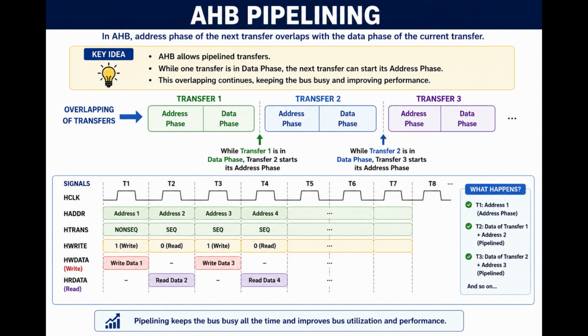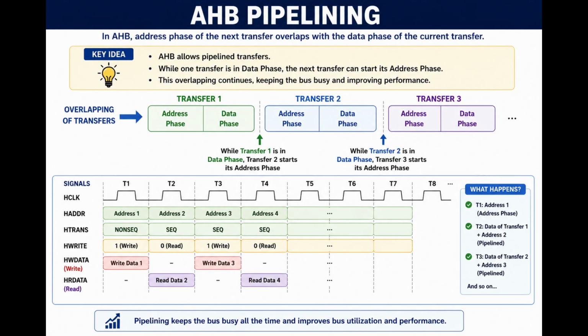Now let's look more closely at AHB pipelining. In a normal transfer, you might think that the system must complete one transfer before starting the next one, but AHB works differently. While the data phase of the current transfer is taking place, the master can already send the address and control information for the next transfer.